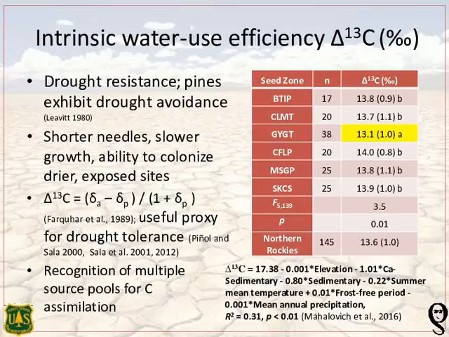her graduate students. So we moved forward, and the first spatial representation at a very coarse level is among the seed zones. And the Greater Yellowstone area, or the Greater Yellowstone Grand Teton seed zone, is one of the most drought tolerant, and significantly so among the inland west seed zones.